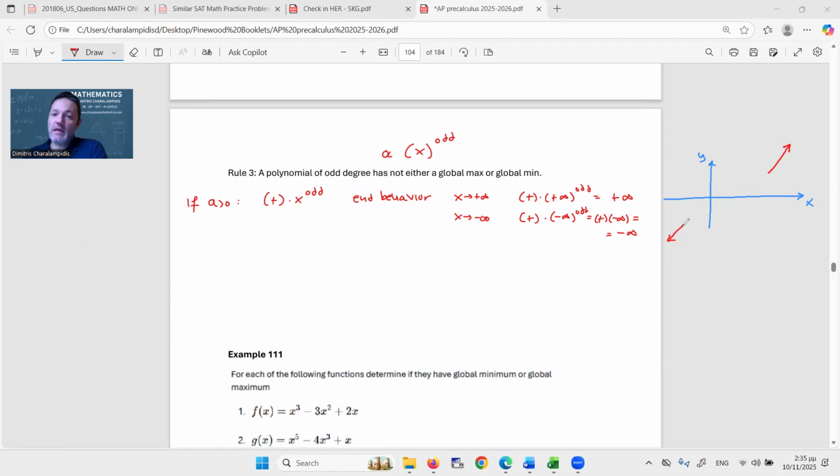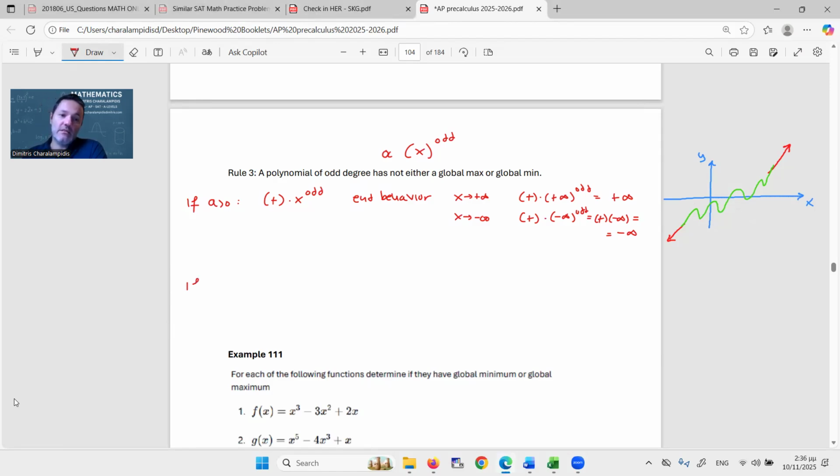Regardless of what's happening in between, you can see that there is no global max nor a global min. There can be as many points of local minimum and local maximum as possible, but now we are only discussing the presence of global min and global max. So in this case, it doesn't have any global max or global min.